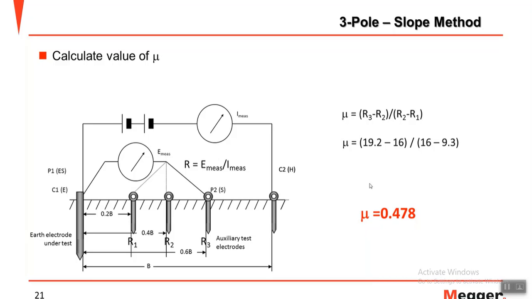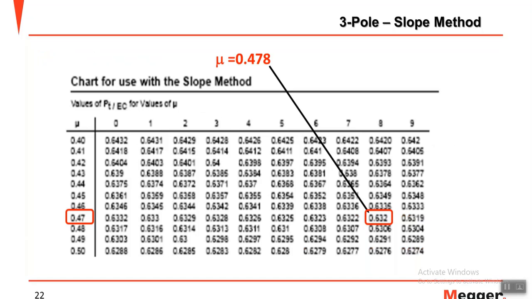You can find the table from the instruction manual from the instrument tester. Usually they will give you this table. An example like this. From 0.478 means 0.47 from the coefficient, this one, and the third decimal to define this value.